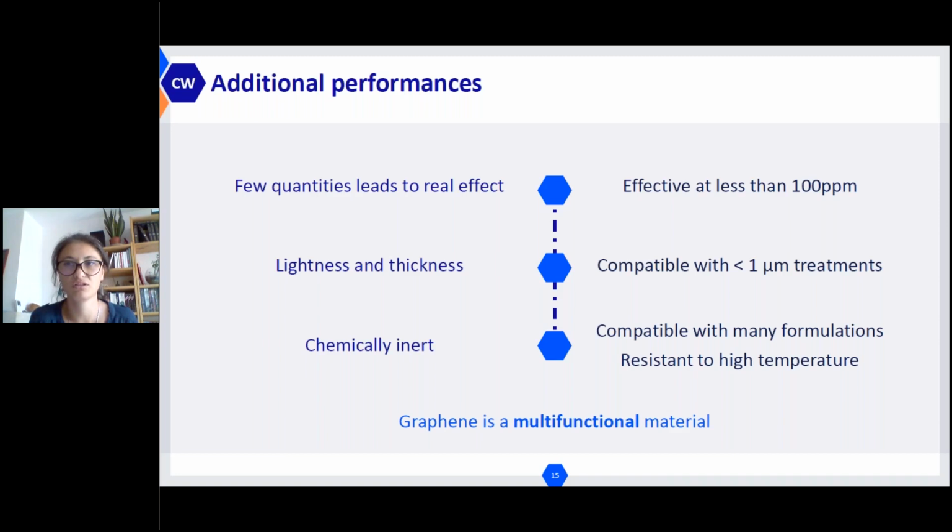It's compatible with inkjet, with spray, with roll-to-roll and many other treatments. And because it's a chemically inert material, it's compatible with a wide range of formulations and it's resistant to quite high temperature.